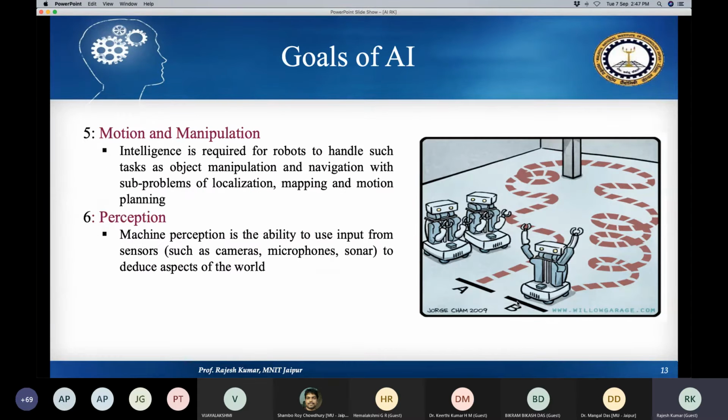Robotics, we always talk about, where we do multiple things. Not only do we control the motion, we look at robots moving from one place to another, and we have manipulators. There are a lot of complexities in terms of the environment, as it keeps on changing. The robots are moving, and they try to understand the environment and map it.